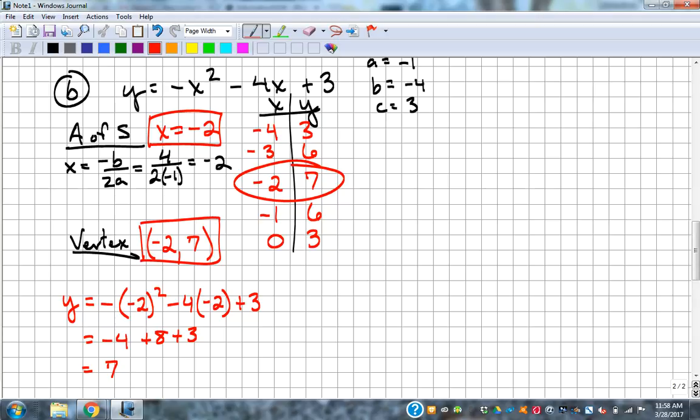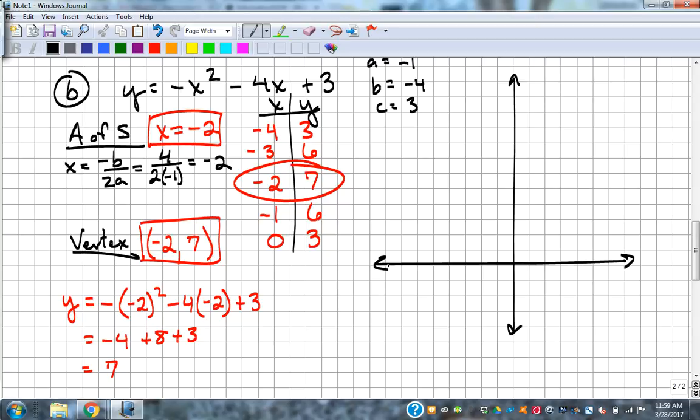Okay? Now, next thing to do, draw your coordinate plane. I wait until I get my table done before I draw my coordinate plane because I know my highest y value needs to be 7, and I don't need a whole lot in the negative direction of the y-axis. So I make sure it's tall enough to get up to 7 and wide enough to get to -4.